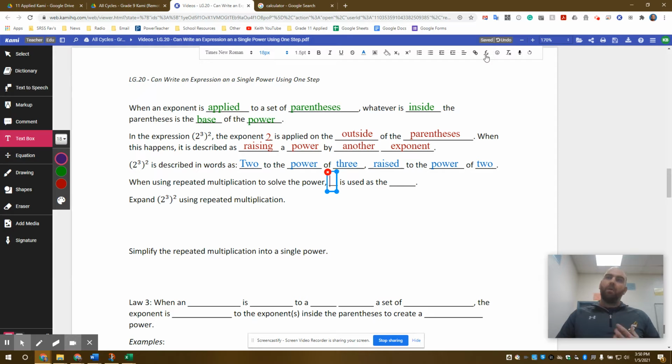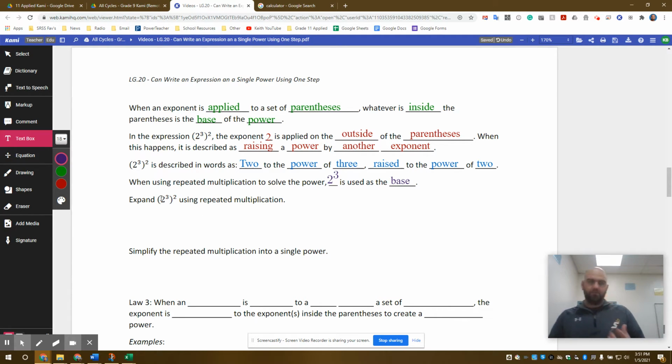Now, when we're using repeated multiplication, this power is used as the base. So let's write out 2 cubed raised to the power of 2 in repeated multiplication.